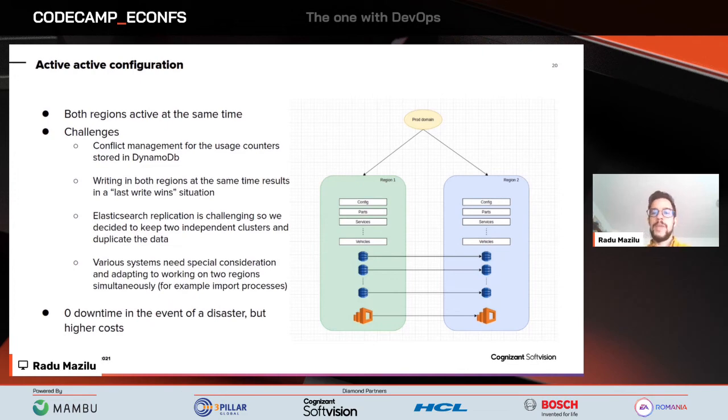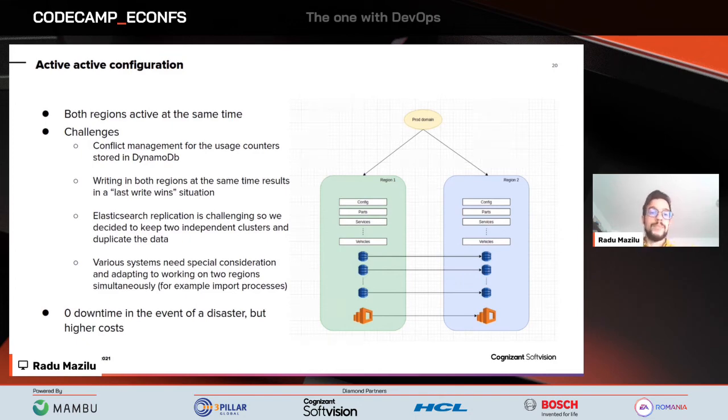But it also means that if an entire region goes down, the end users won't even know that something happened, because the request will be automatically handled by the second region. It's a big thing that you could say for your solution, that it can take an entire region or failed AWS going down.